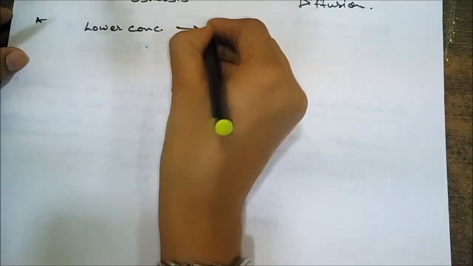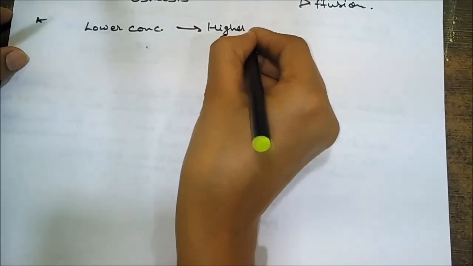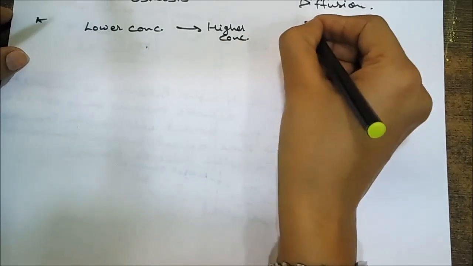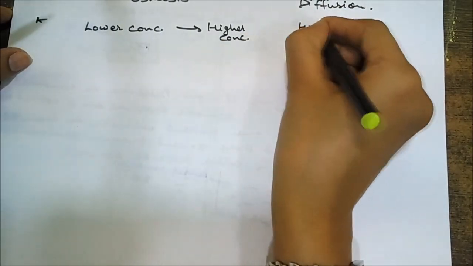In osmosis, molecules move from lower concentration to higher concentration, but in diffusion the molecules move from higher concentration to the lower concentration.